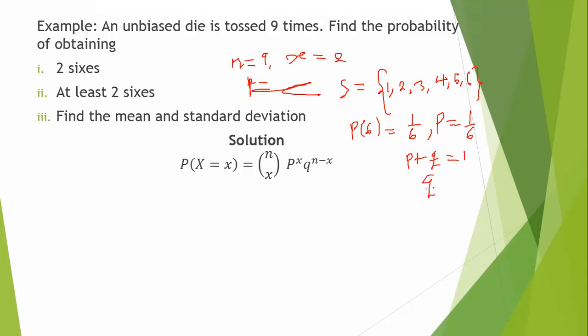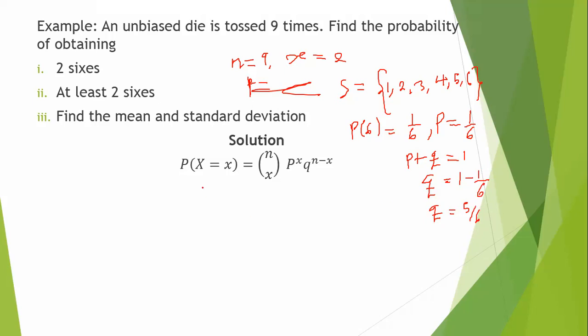So q will be 1 minus p, but p is 1 over 6. What's going to be q? It is 5 over 6.